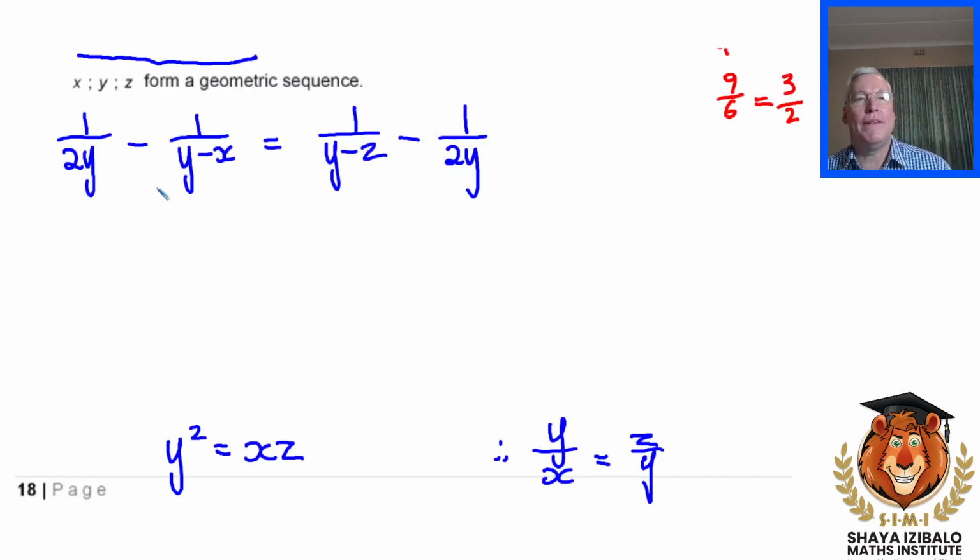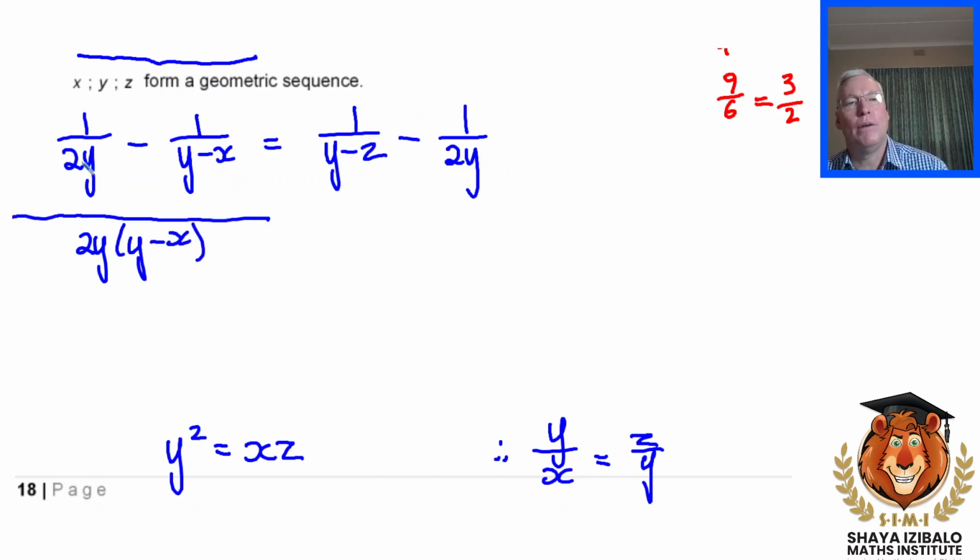Okay. We're going to add these 2 fractions, so we're going to have a common denominator of 2y into y minus x. This one, we need to multiply the 1 by y minus x, and this one, we need to multiply the 1 by 2y. We're going to do exactly the same on this side. We get 2y, and we get y minus z.